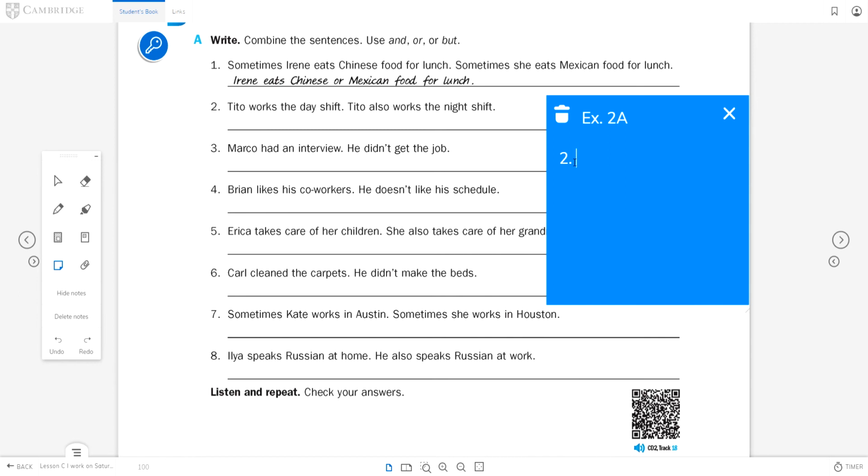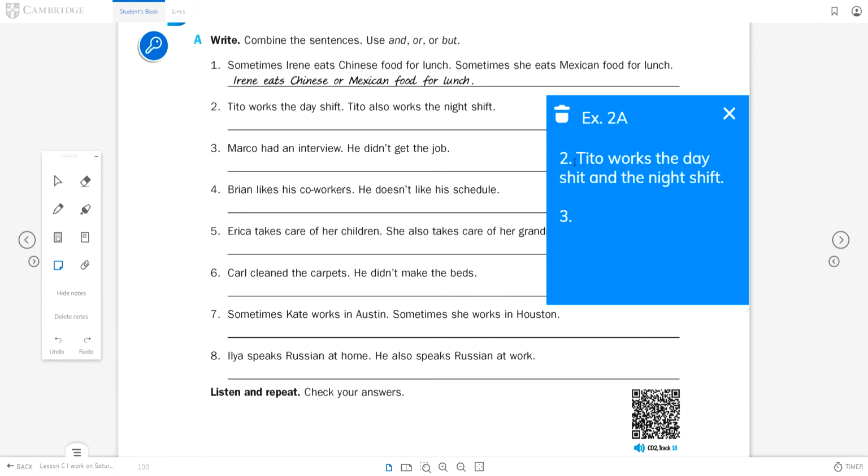So the sentence is Tito works the day shift and the night shift. Okay? Simple. That's it. Tito works the day shift and the night shift. Okay? Let's go to number 3.